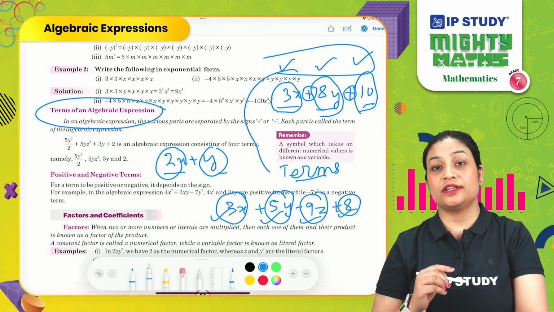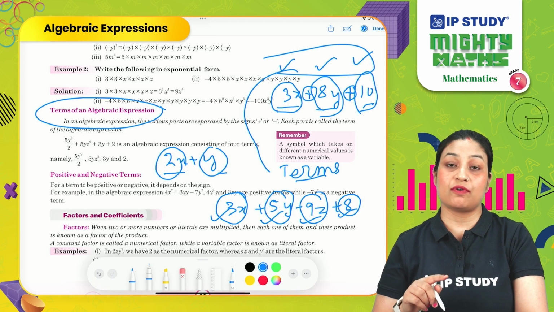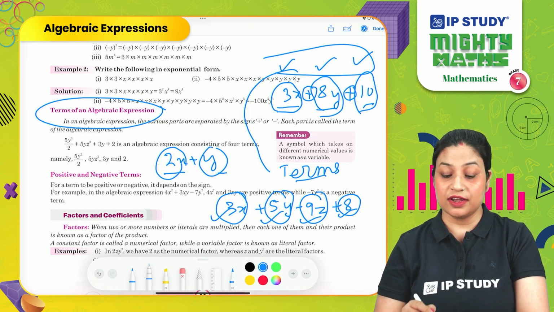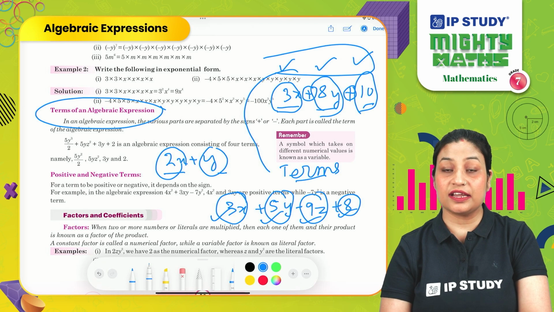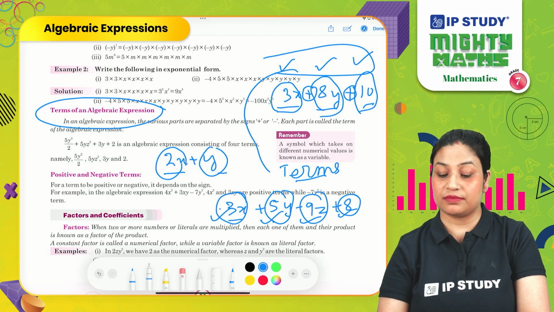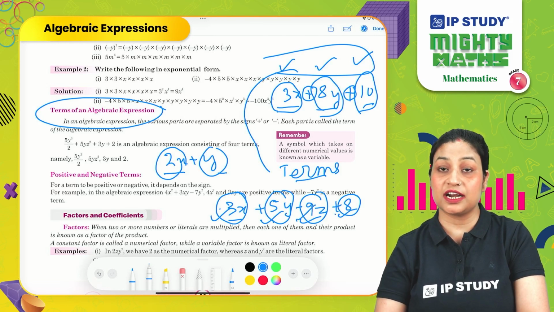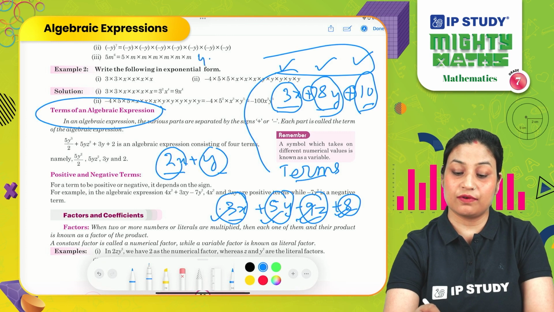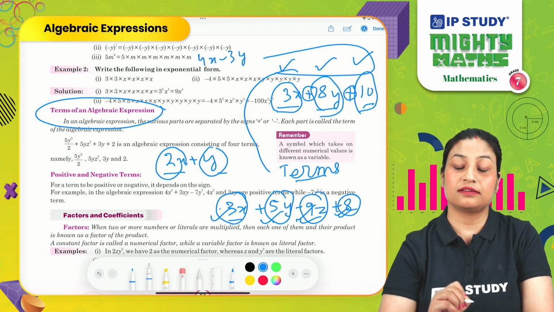Let me remind you one thing. These terms can be negative or positive depending upon the sign a term has, right? So over here, since in front of 3x I have a plus sign, this is a positive term. This is also a positive term. This one is also a positive term and this one is also a positive term. Suppose I write 4x minus 3y, right?